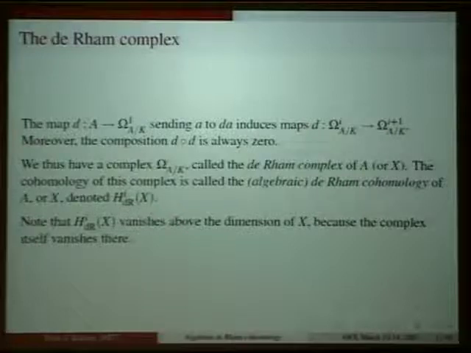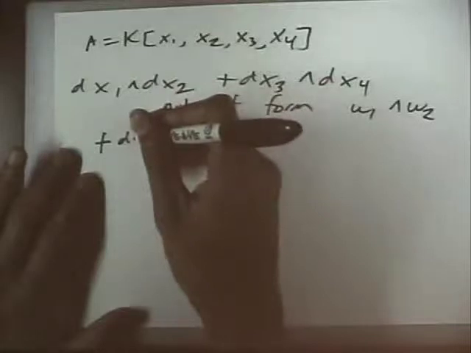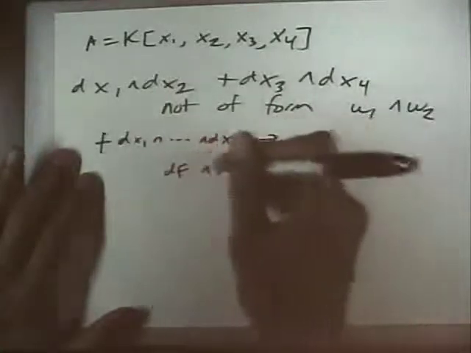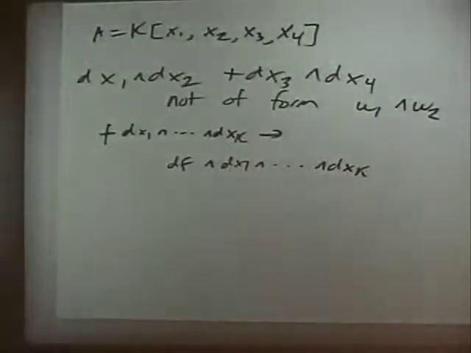And the formula is as follows. If you have something like f times dx1 wedge through dxk, this would map to df wedge dx1 wedge through dxk. There's some choice of a sign depending on whether you put it on this end or this end, but I'm going to put it on the left.